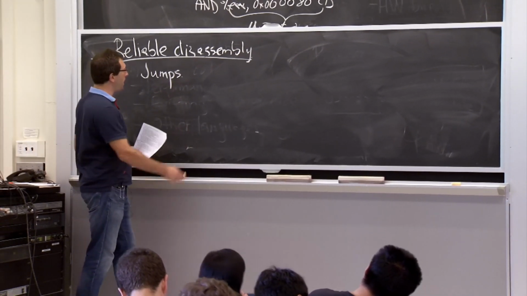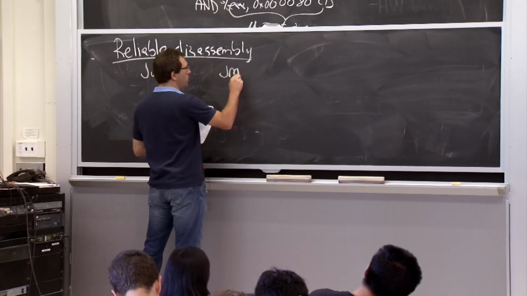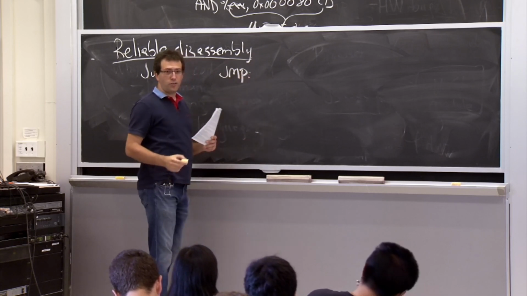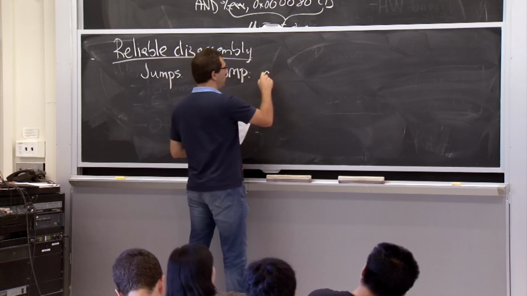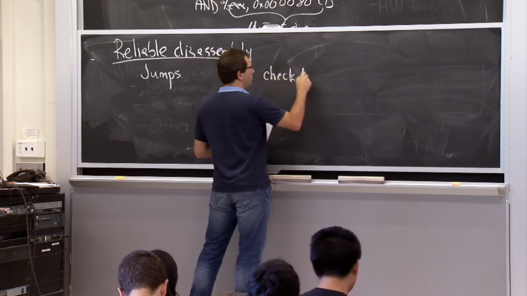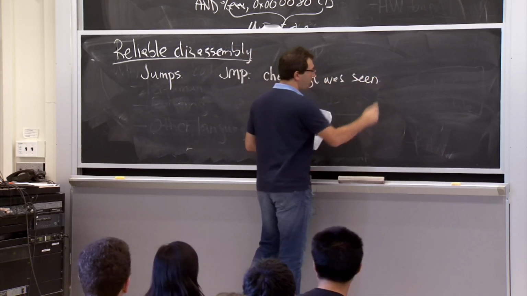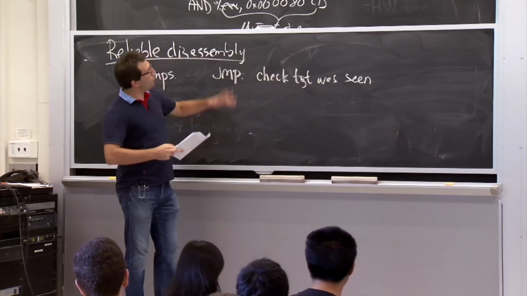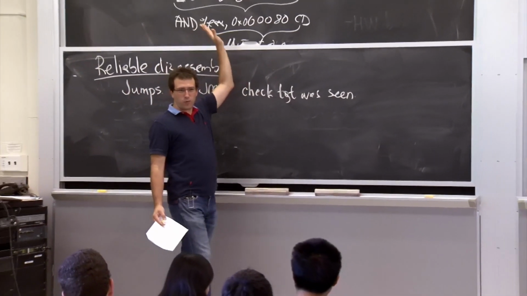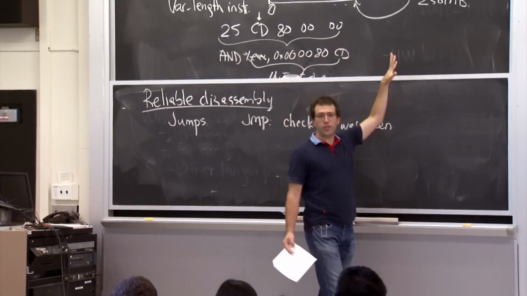But roughly, the plan is if you see a jump instruction, you have to check that the target was seen before. So you basically do the left to right scan that we described in our naive approach here.